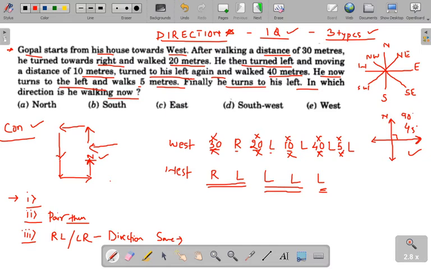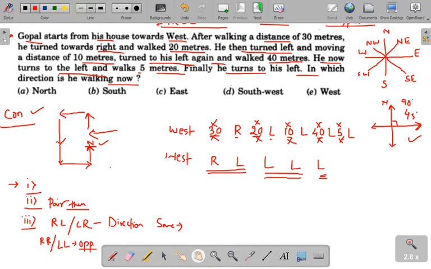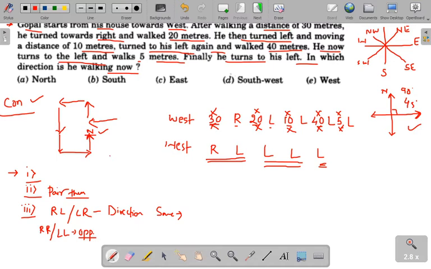On the other hand, if the pairing is right and right or left and left, the direction will be opposite of the original direction. Say for example, if somebody is moving north, he will go south. His facing will be south.